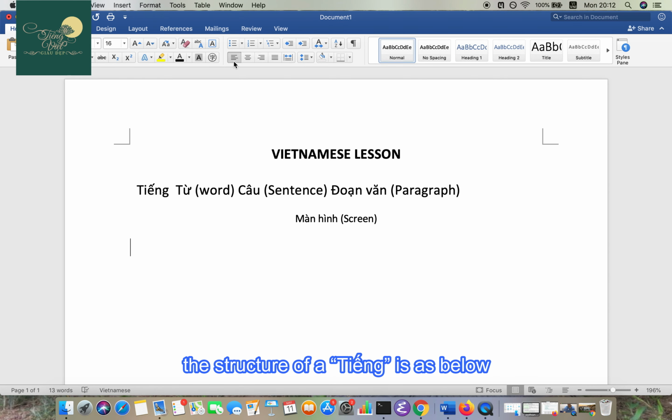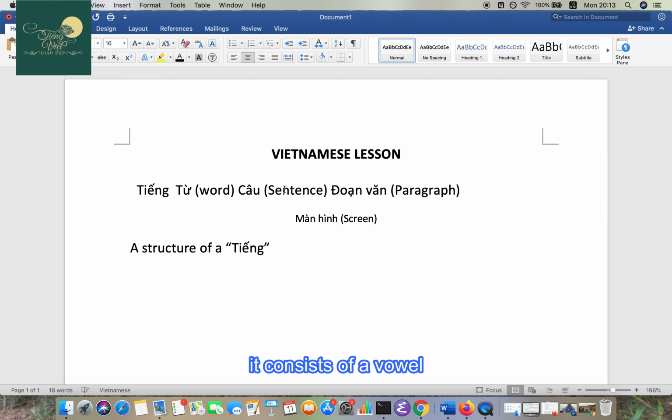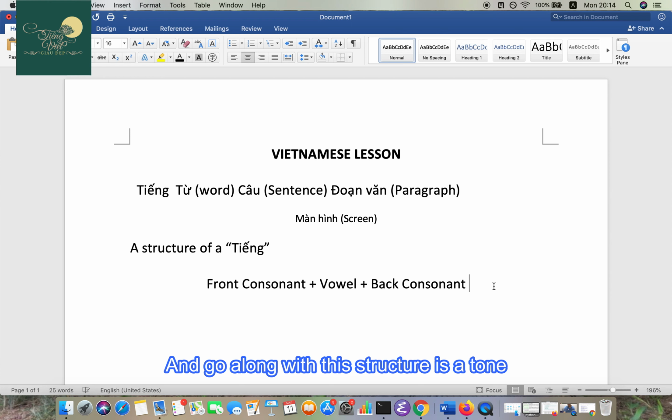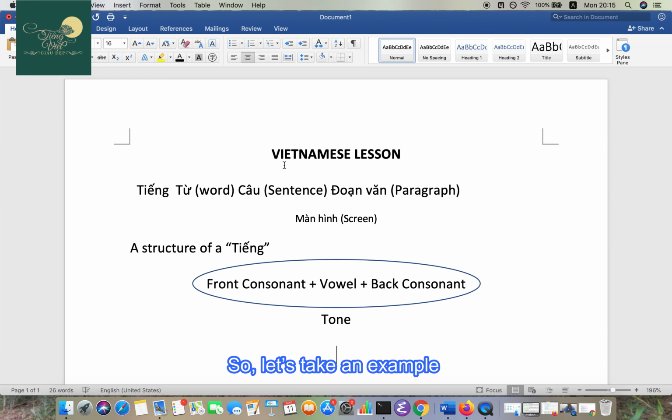The structure of a tiếng is as below. It consists of a vowel, the front consonant, the back consonant, and going along with this structure is a tone. So, let's take an example.